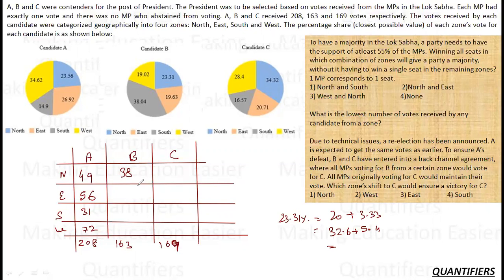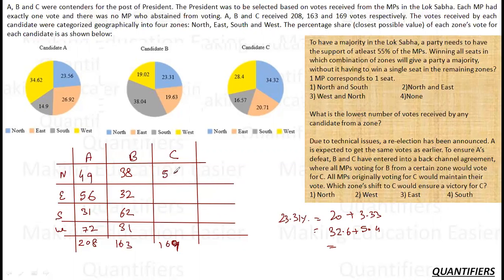Perfect. Similarly, this 19.63 will be 20%, that is 32.6 minus 0.5%. So minus 0.8, it will be approximately 32. So this will be 62 approximately, and then this is a little less. This will be 31. So this completes it. Similarly, for C, the values will be 34.32. That is 33.1.